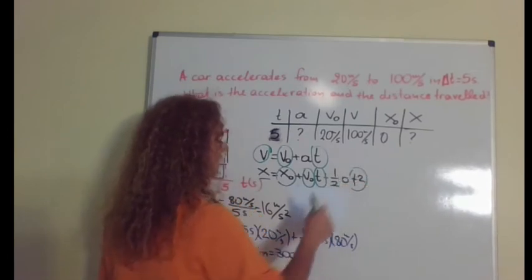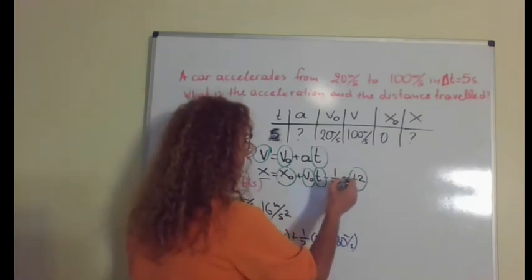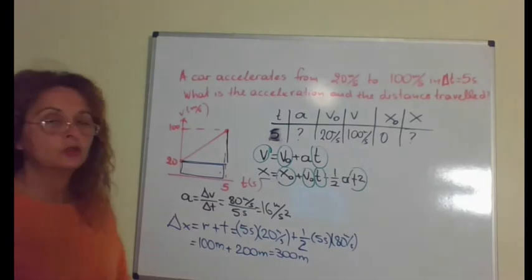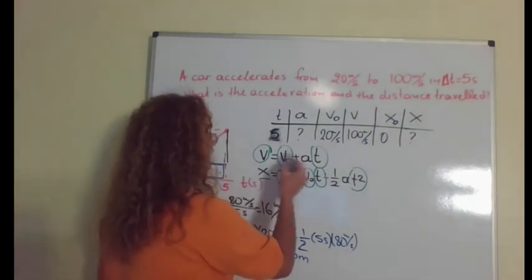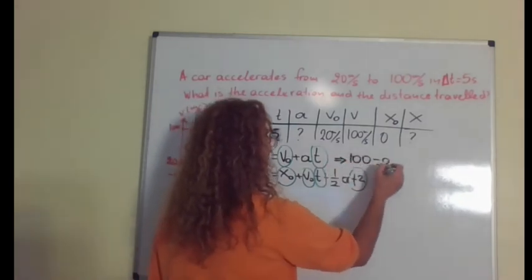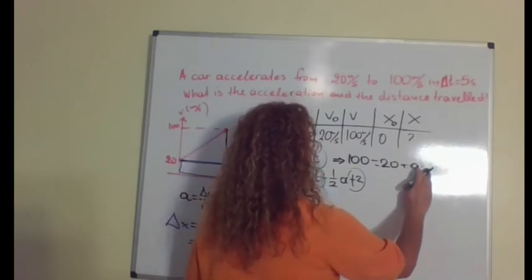I only know the time. So in this case, there are 2 things that I don't know. So I will start from the first one. From the first one, I know that the final is 100 equal 20 plus acceleration times 5.